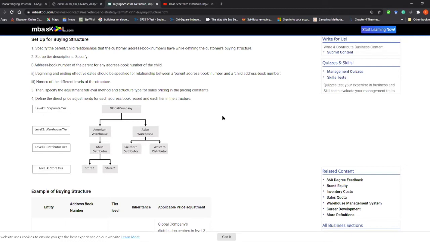So depending on how you are entering the foreign market, you need to be able to set up the tier descriptions that you will be using. As a global company, if you are setting up your own warehouse, or you are using your own distributor, or a third-party distributor, or a third-party retailer, all these things will determine the buying structure that you have to go through in terms of selling your products and services in the foreign market.